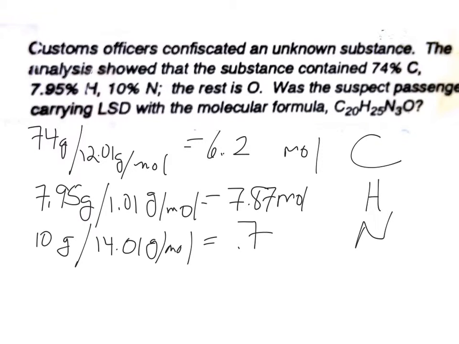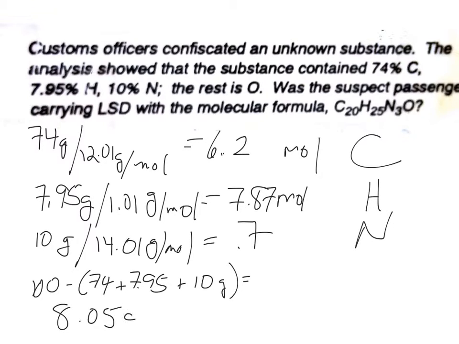And then lastly we have our oxygen, which they said the rest is oxygen. So what you do is you take 100 minus the 74 plus the 7.95 plus the 10 grams, and that will give you 8.05 grams. Again you divide it by the molar mass of oxygen, which is 16 grams per mole.